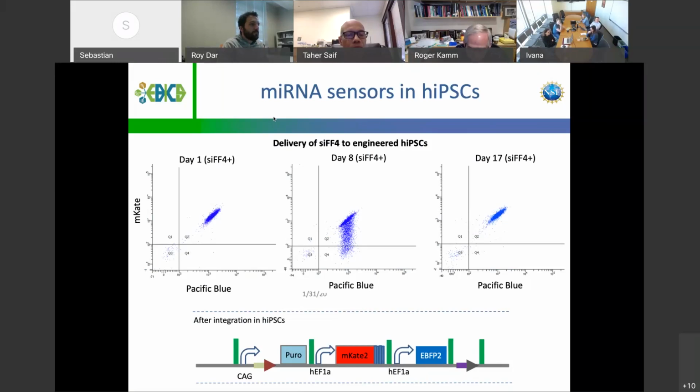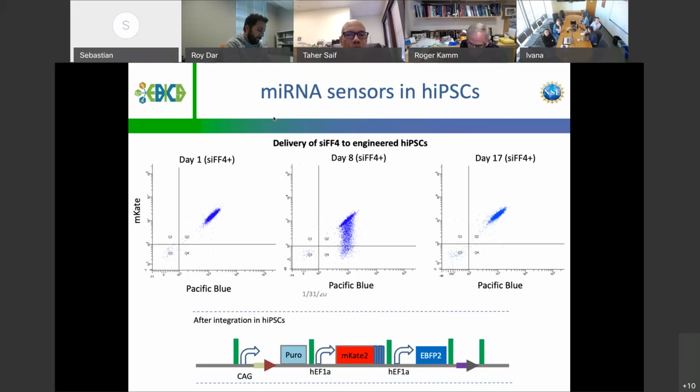Not only that, but we could deliver, as you can see in these plots, on the very left plot, human-induced pluripotent stem cells that have been engineered with our microRNA sensor. Then at that point, we deliver a microRNA that the cells can detect. We're using a microRNA that is not expressed in human cells, so that we can deliver it and then characterize our system.